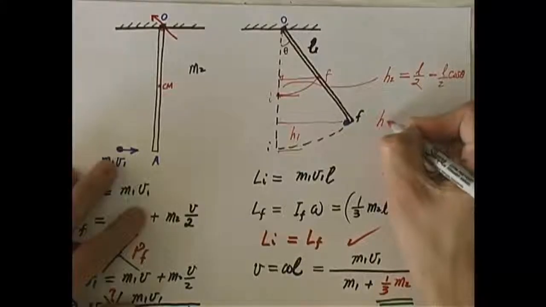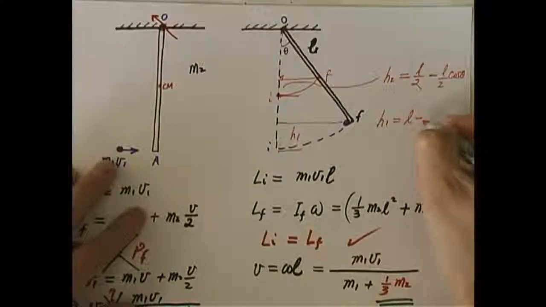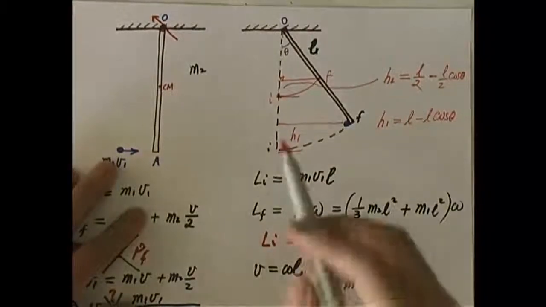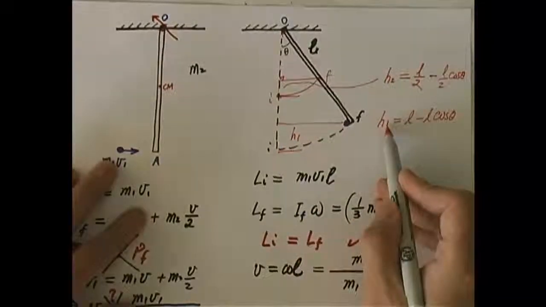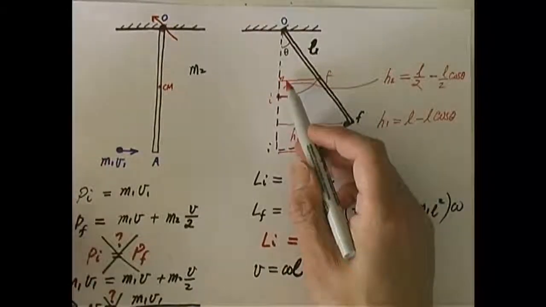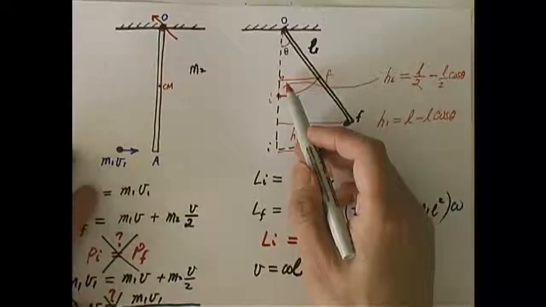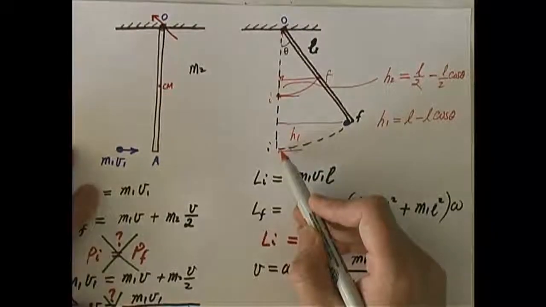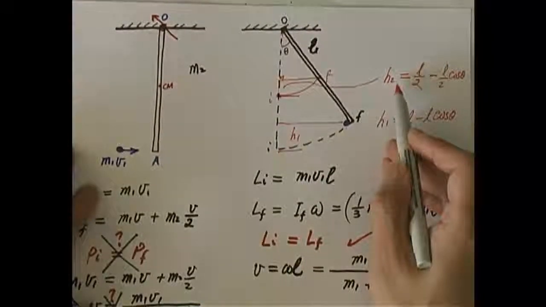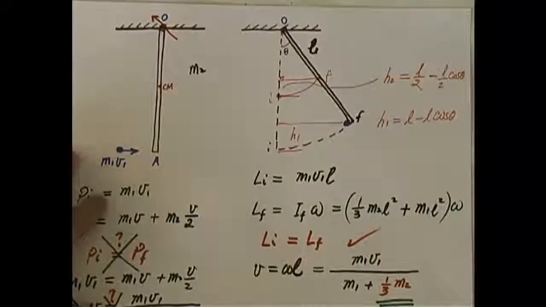So H1 is simply L minus L cosine theta. All right, so the point mass went up by H1, the rod went up by H2. How much is the increase in potential energy for the point mass? That will be M1 G times H1, right? How much does the potential energy of the rod increase? That will be M2 G times H2. Okay, so there we go.